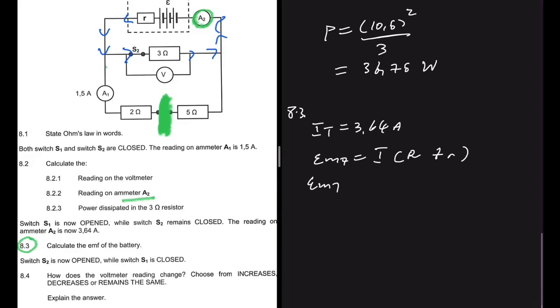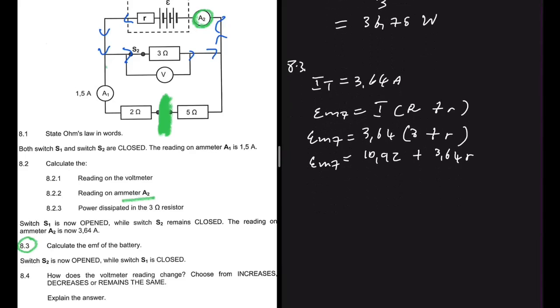So our EMF will be equal to the current, which is 3.64, multiplied by the external resistance, which is 3 ohms, plus the internal resistance. So EMF is equal to 3.64 multiplied by 3, which will give us 10.92 plus 3.64R.